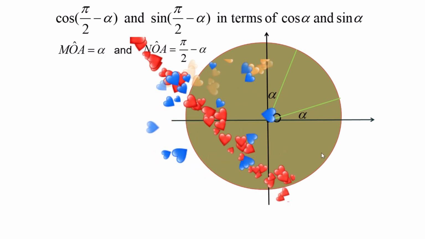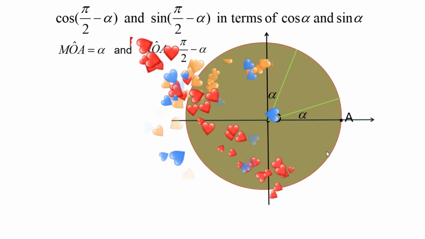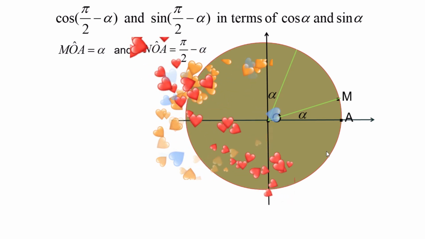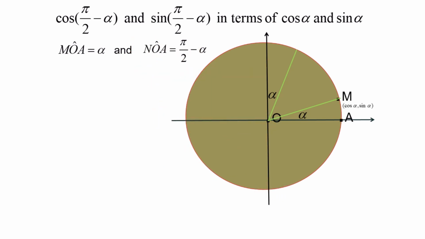The coordinates of M are cosine alpha, sine alpha.